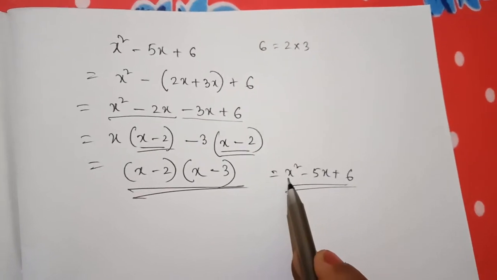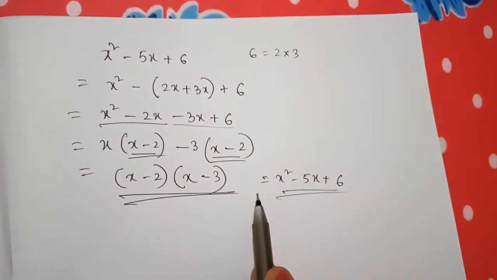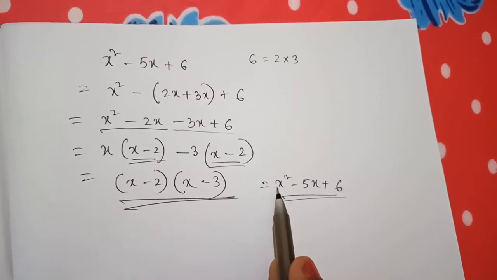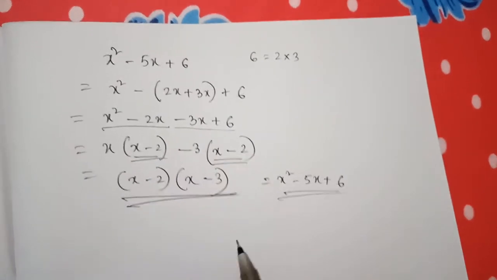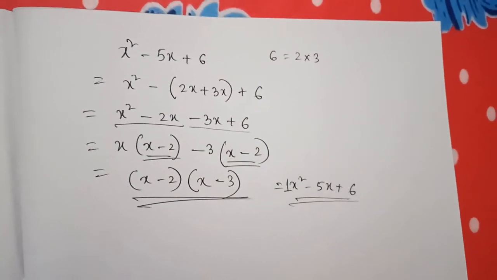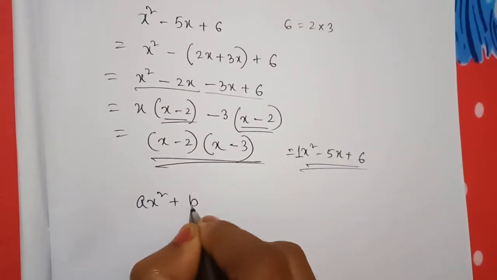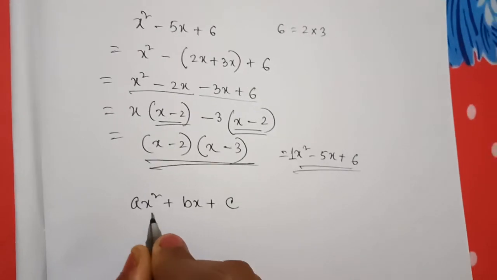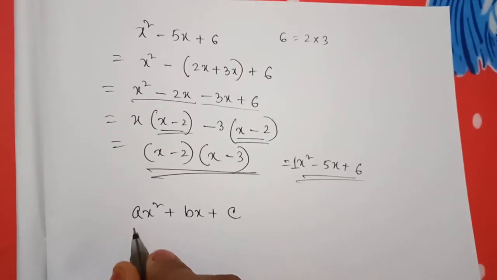I have explained this demonstration because I wanted you to know that you have already done this type of thing. Here the coefficient of x square is 1. Now our task is to do ax square plus bx plus c, that means x square's coefficient will be other than 1.